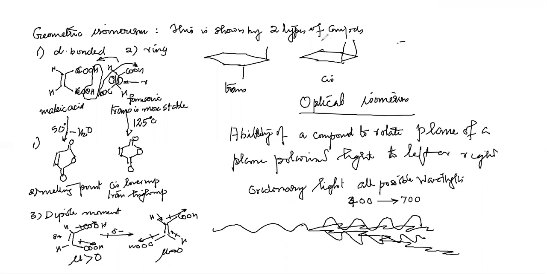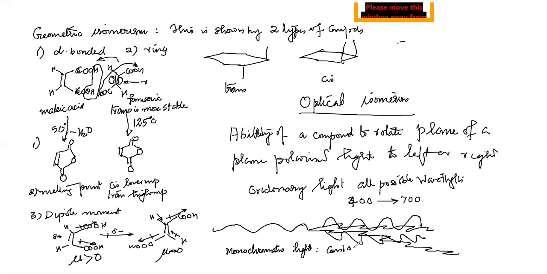But in the case of monochromatic light, you are choosing the wavelength. It will have a constant wavelength.